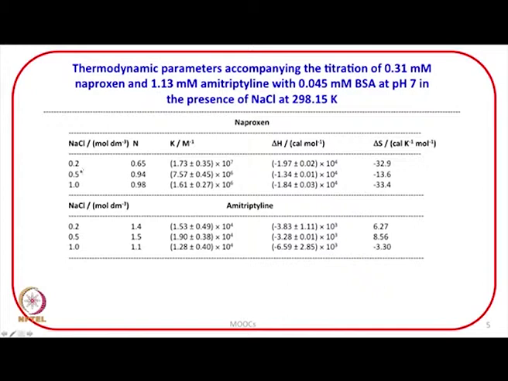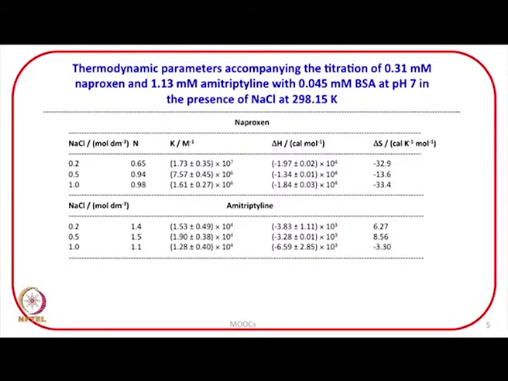As the concentration of sodium chloride is increased from 0.2 molar to 0.5 to 1, the order of the binding affinity decreases, from 10 raised to the power 7 to 10 raised to the power 6, and a further increase in the concentration of sodium chloride leads to a further decrease in the value of the binding constant.